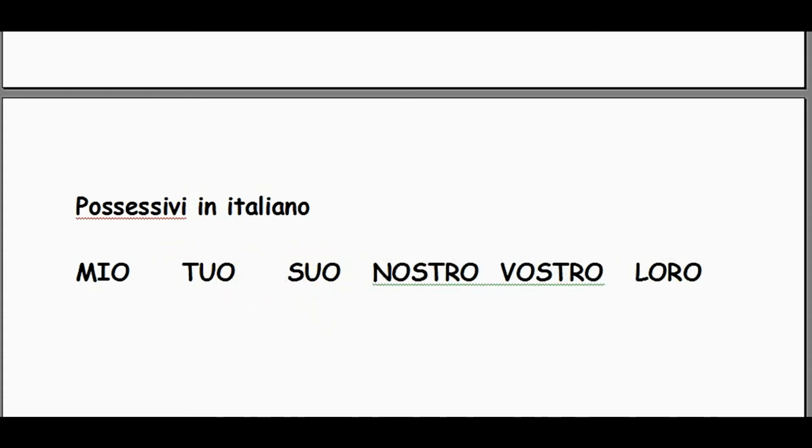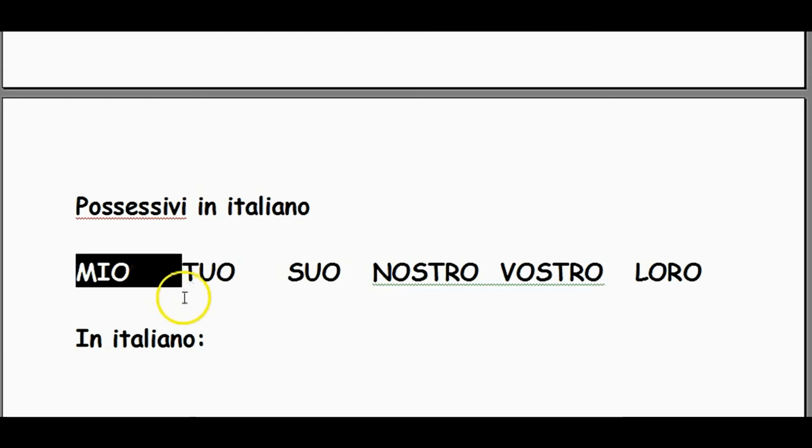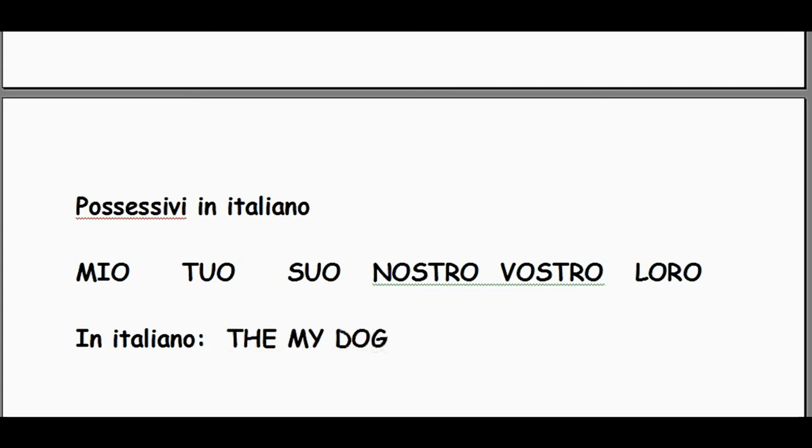First thing that we have to know in Italiano. All possessive adjectives must have the article in front. So it is as if in English we were to say, the, my dog. Okay, in English you don't have this.